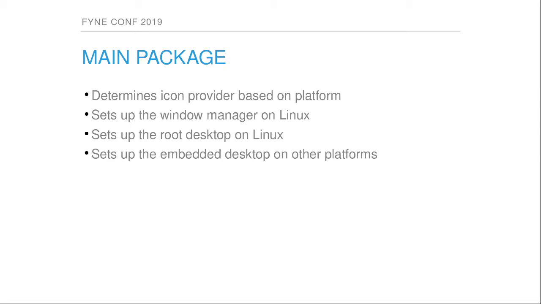The main package, of course, is going to have your binaries, but it also determines what icon provider to use based on your platform. It sets up the window manager on Linux. On Mac OS, it would set up the embedded desktop, which doesn't actually manage windows, but it does give you the desktop of FyneDesk so that you can debug from Mac or run it from Mac and develop with it and look at it and get a good feel for it.